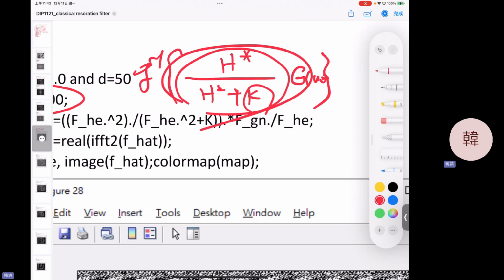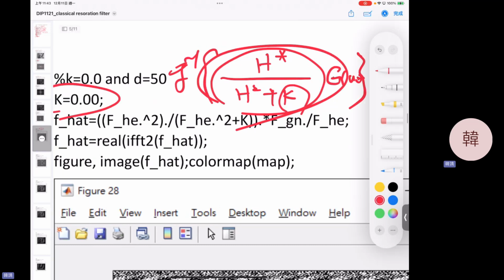We will demonstrate all these results and show you how to use the Lagrange multiplier to get this function. You just take the Fourier transform of the extended H, and then take the square. Sorry, that should be a square there. So here is a square, here is also a square, and also dot divided. Remember, dot operation is element-wise operation.